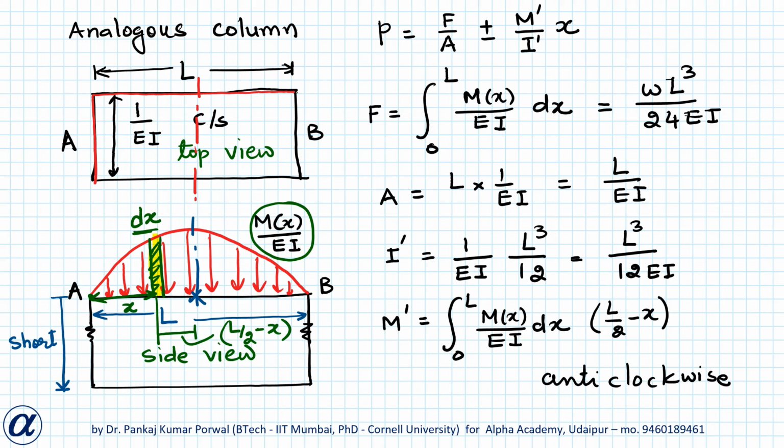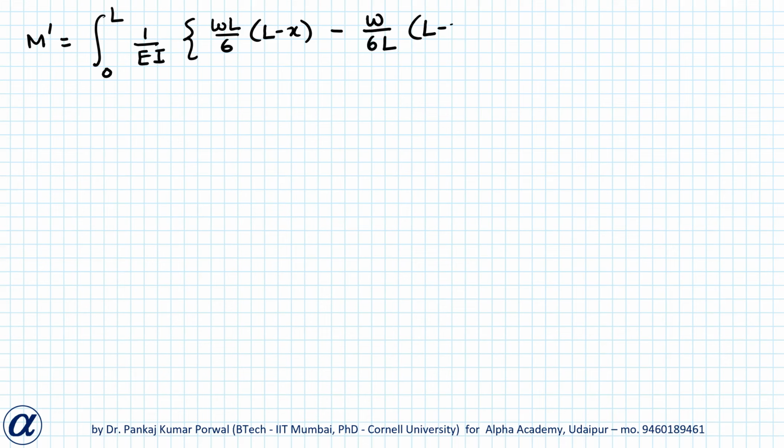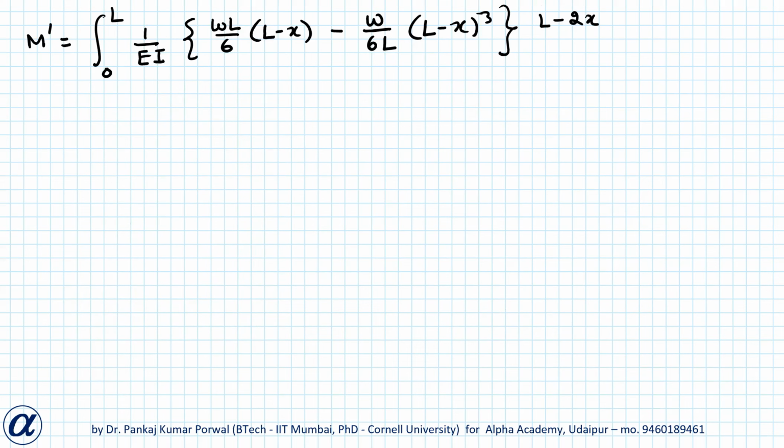This I can evaluate as M dash equals integral from 0 to L 1 upon EI into WL by 6 (L minus x) minus W by 6L (L minus x) cube into, and here for L by 2 minus x I can take 2 as LCM, so I get (L minus 2x) by 2 dx.